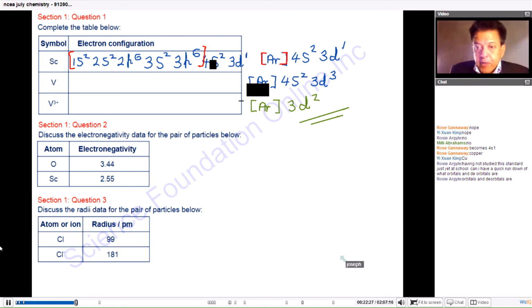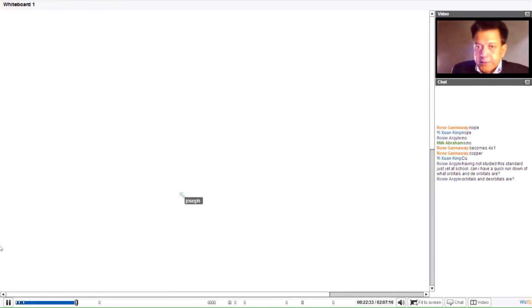Okay. D orbitals. Let me explain that quickly, certainly. Now, what happens is this. When we have the different quantum levels in an atom, the lowest energy that electrons can occupy is in the first quantum level. And then we have the second quantum level.